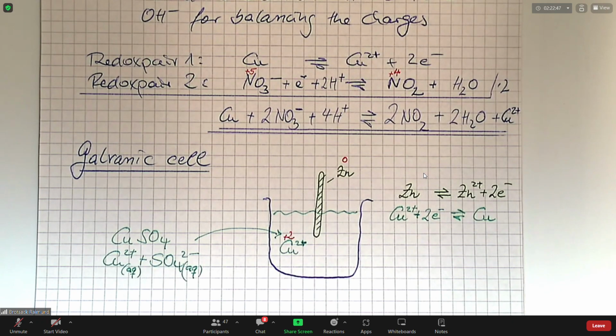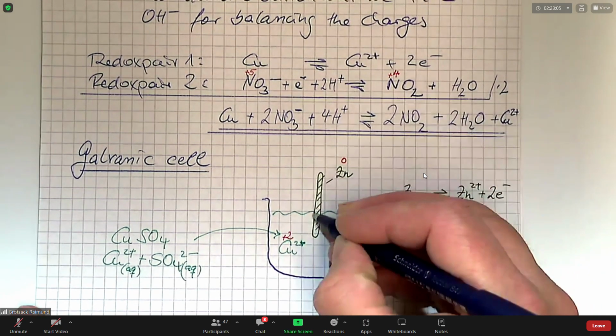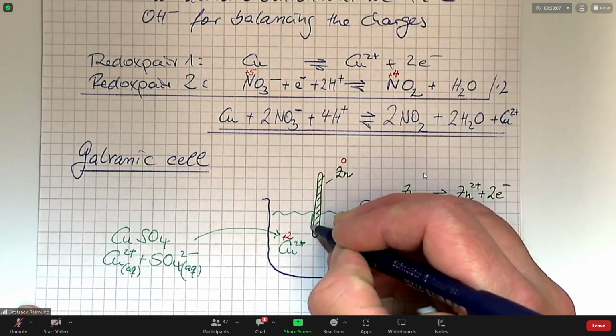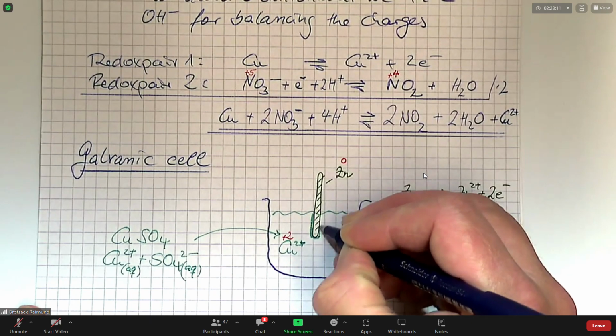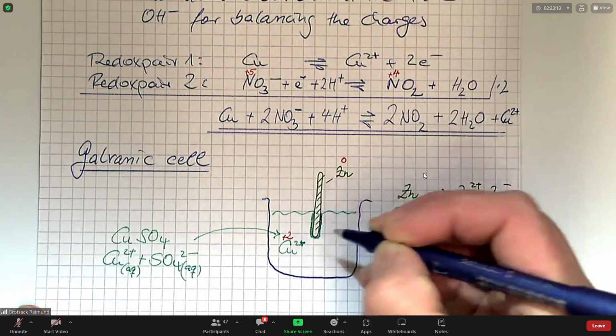So what can we observe after a while when we're doing this experiment? Yeah, on the surface of the zinc, there will be a coating of copper, step by step covering the zinc.